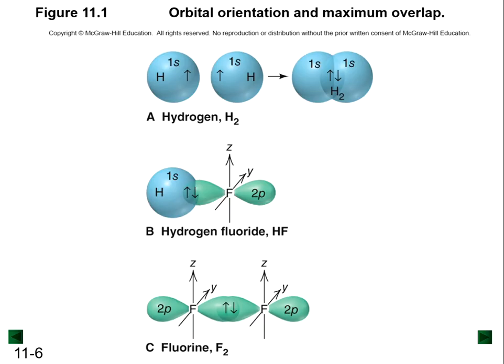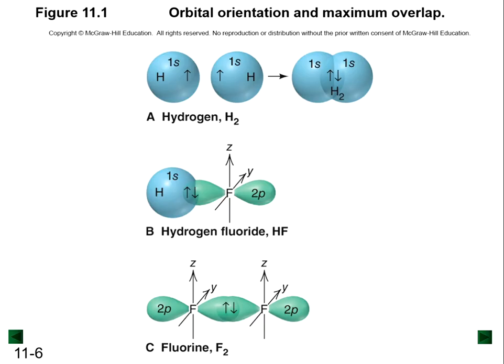Before we leave this slide, I want you to take a look at something, and you're going to have to use your mind's eye to visualize this perspective. But for each molecule, imagine looking down the axis of the internuclear interaction. So that's going to be in the plane of the slide.